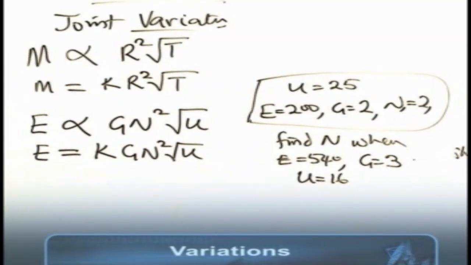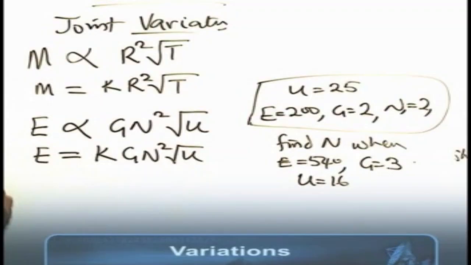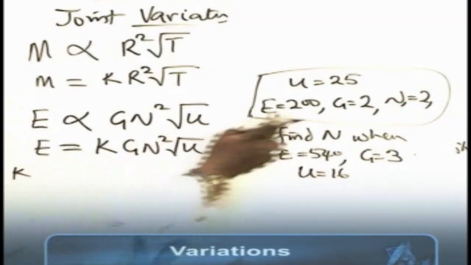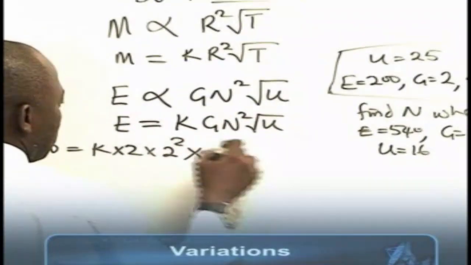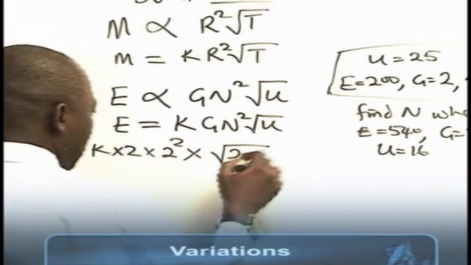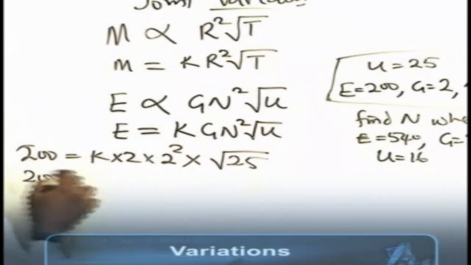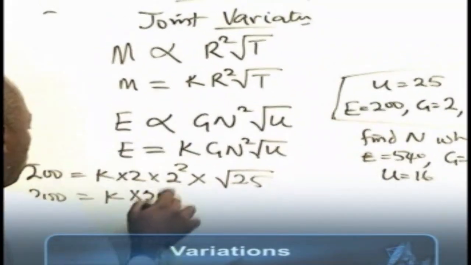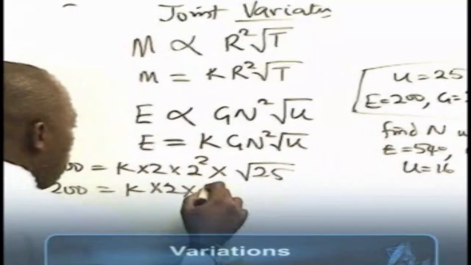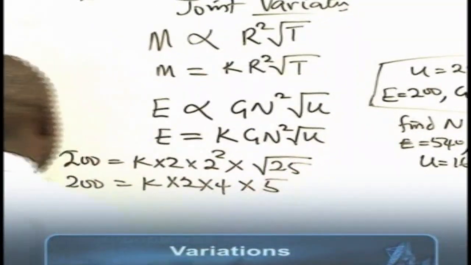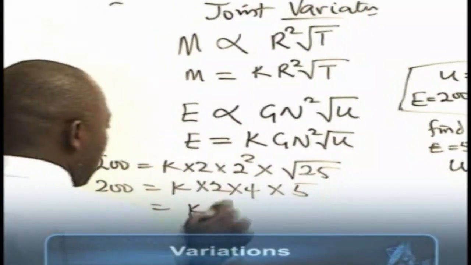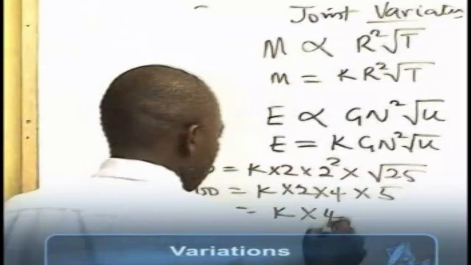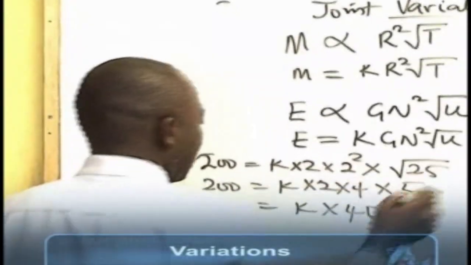E is 200, K times G which is 2, times N squared, that's 2 squared, times the square root of U, which is 25. Again, we have 200 equals K times 2, 2 raised to power 2 is 4, the square root of 25 is 5. Multiply all of this together, you still have 200 equals K times 40. 2 times 4 is 8, 8 times 5 is 40.